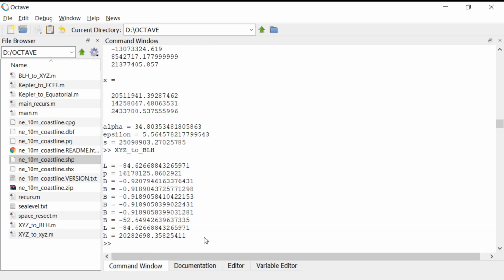You see again, mapshow. I will first compute L here, and then the B latitude value, and this again will be shown with a black triangle.